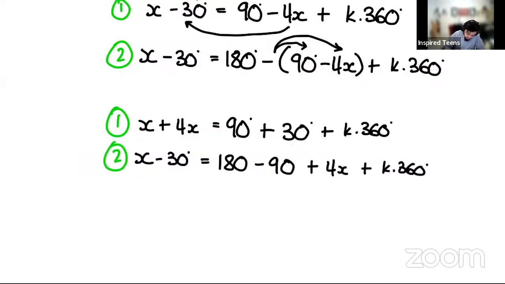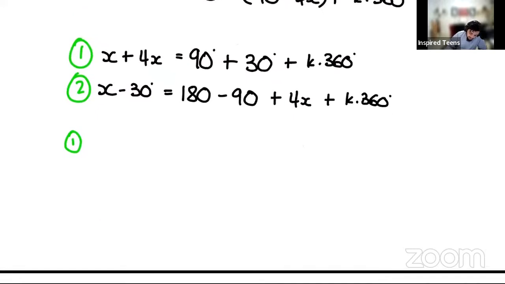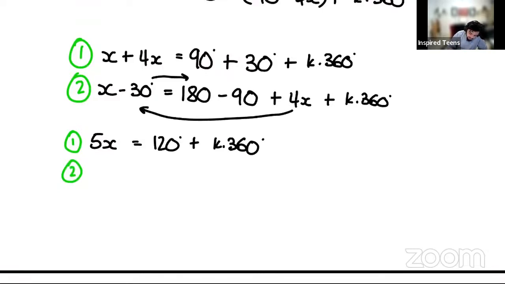Okay. Again, we can simplify further. So my first equation simplified: I have 5x is equal to 90 plus 30, which is 120, plus k times 360. Now I can try and get my x terms on one side and my non-x terms on the other side.